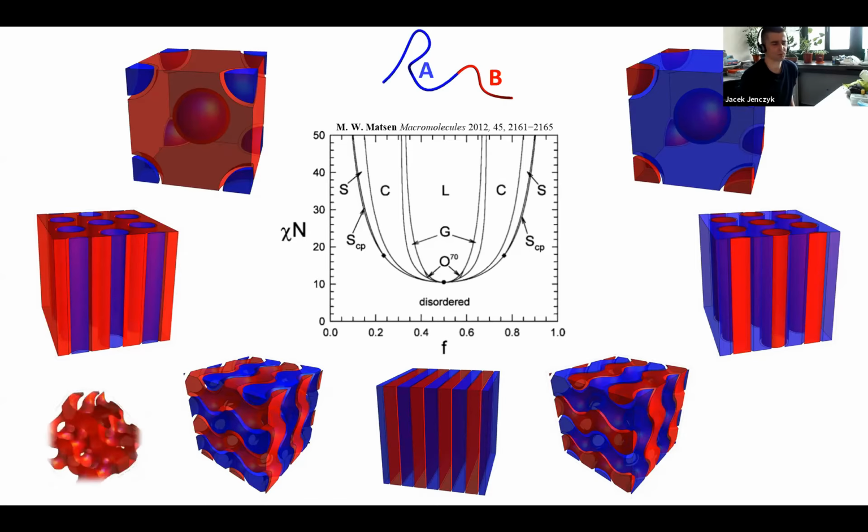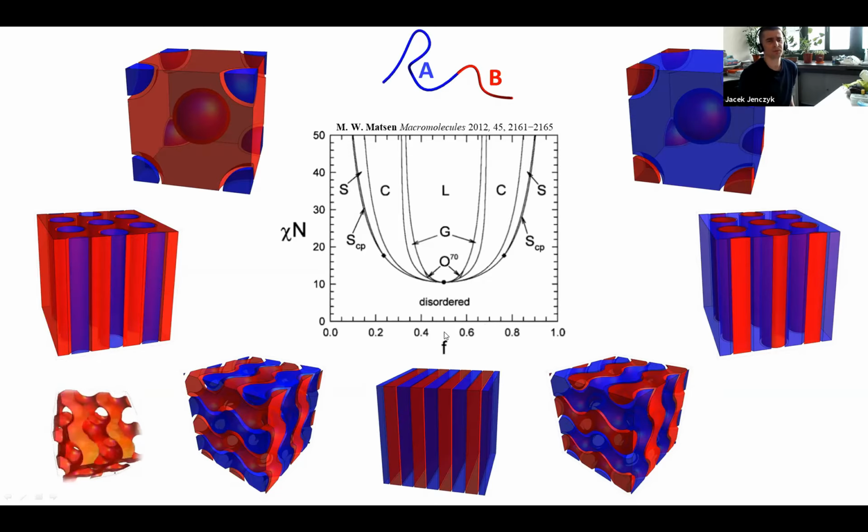Below a certain so-called order-disorder temperature, they self-assemble and undergo microphase separation, a thermodynamically driven process, and then they form very nice nanoscopic periodic structures of different morphology, different architecture, and this architecture depends very much on the volume fraction, as you can see observing this phase diagram.